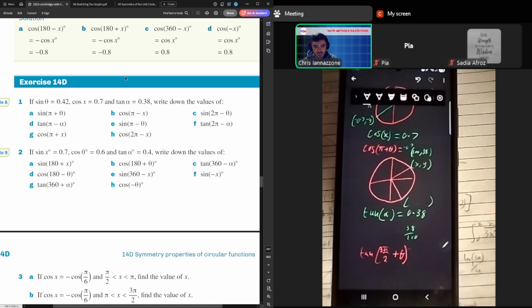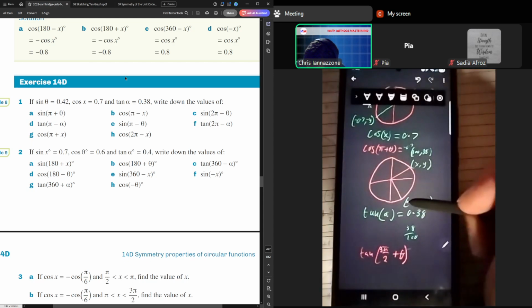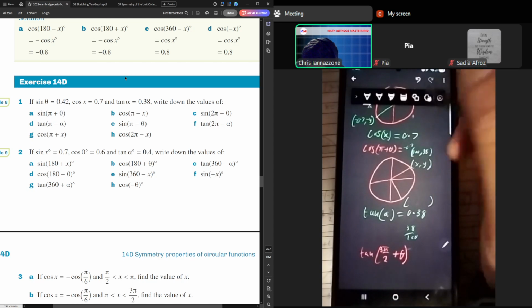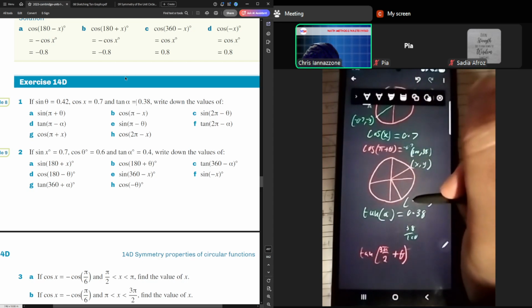Any pi over 2 type angle will cause the coordinates to flip positions. So whether that's pi over 2, 3 pi over 2, 5 pi over 2, anything that isn't divisible down to just an integer will cause it to flip positions. So not only do we have to be in quadrant 4, so y becomes negative and x stays positive, but you also have to flip the positions.